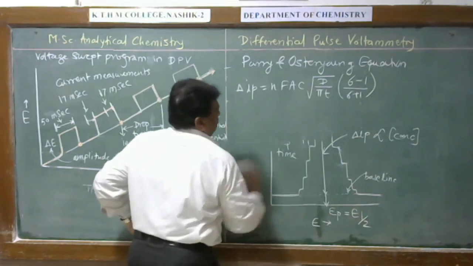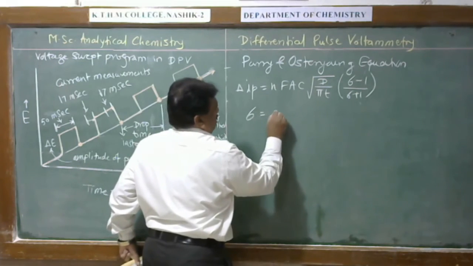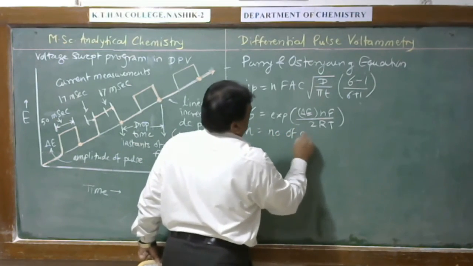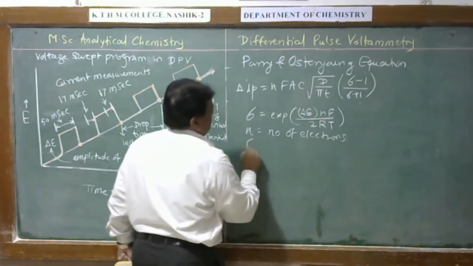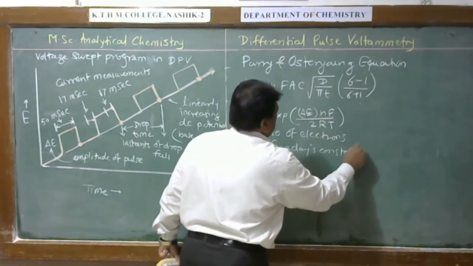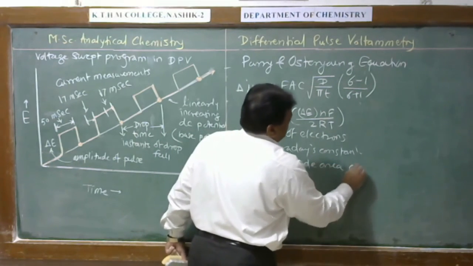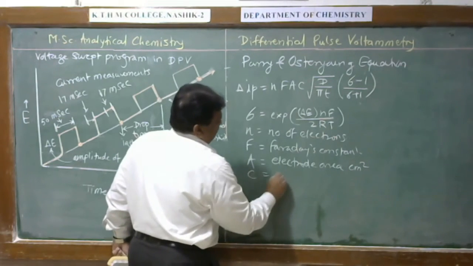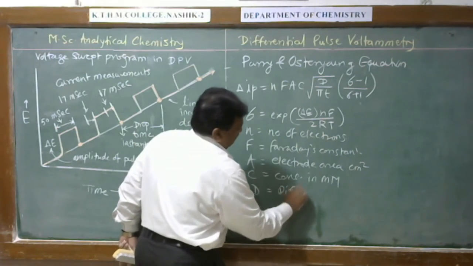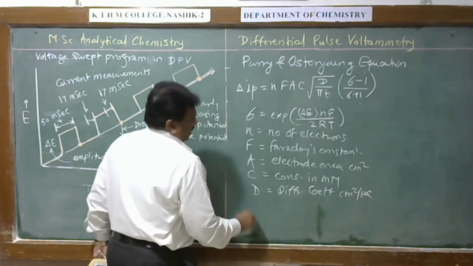In this equation, sigma is equal to an exponential term, and n is the number of electrons involved in the redox reaction, F is Faraday's constant, A is the electrode area in square centimeters, C is the concentration in millimoles, D is the diffusion coefficient of the analyte in square centimeters per second, and pi is a constant.